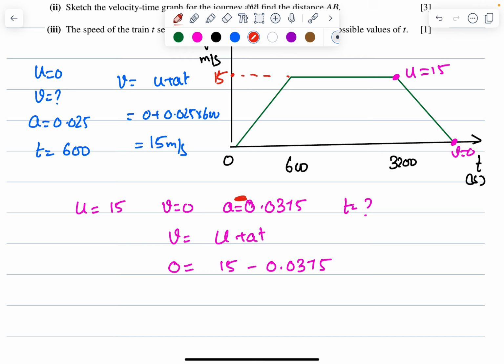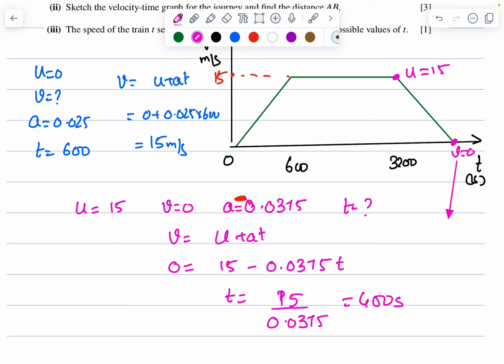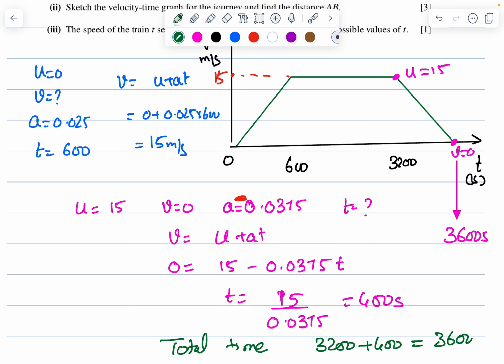And the time is t. So that gives me t equals 15 divided by 0.0375, which is 400 seconds. So the total time is 3,200 plus 400, which is 3,600 seconds.